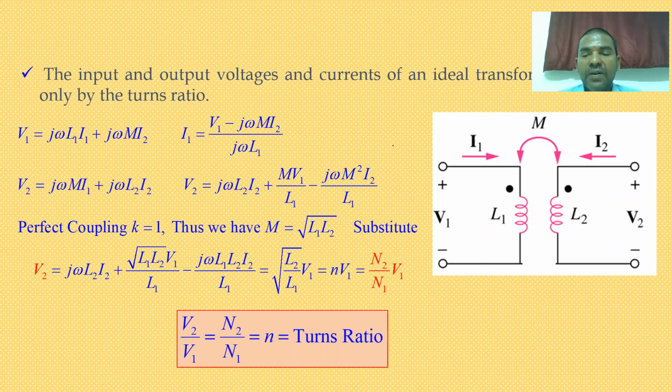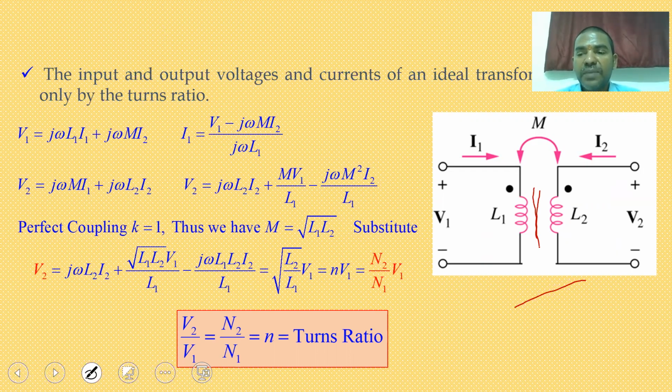Here I have taken an equivalent circuit with the symbolic representation of the transformer. The two coils are mutually coupled. V1 is the applied voltage. I1 is the current flowing through the first coil.